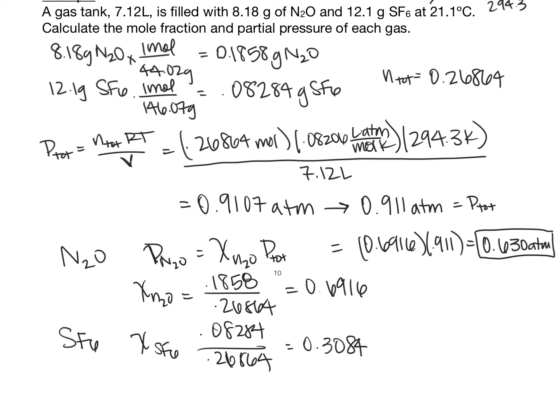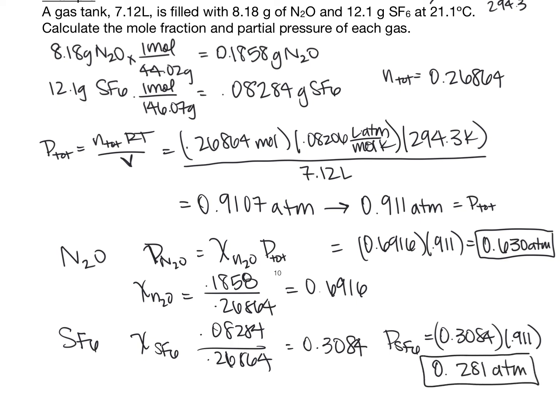So the pressure of SF6 is equal to 0.3084 multiplied by 0.911. And that's going to give me 0.02. Whoops, that's not right. Now we have 0.281 atmospheres. It's important to note a couple of things.